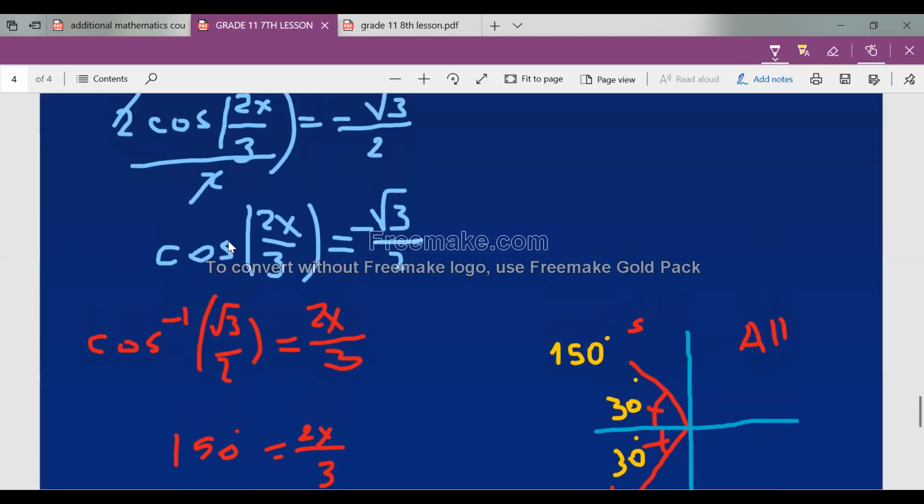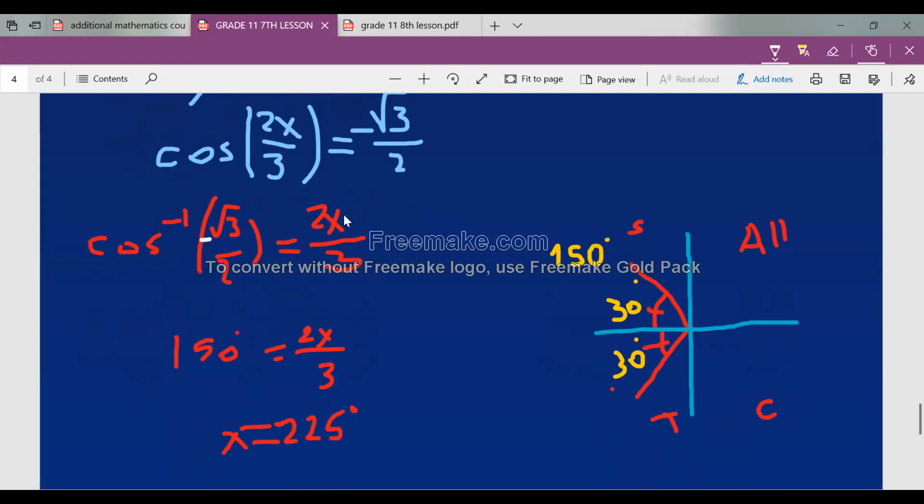Now, when you type in your calculator cosine inverse of negative square root of 3 over 2, you will find your theta. What is it? When you type in the calculator inverse cosine, negative square root of 3 over 2, the answer is 150 degrees.